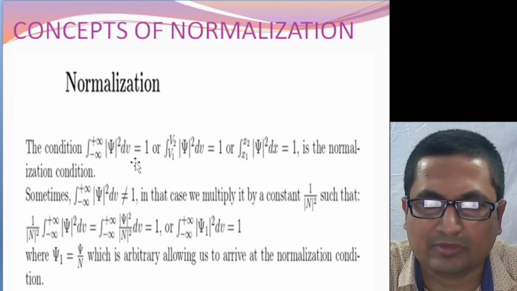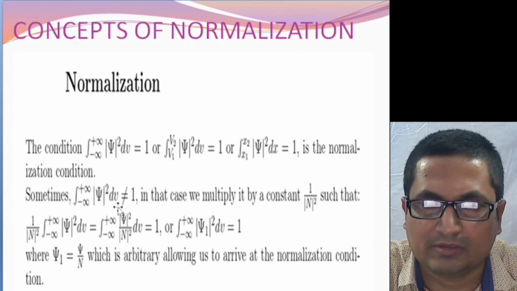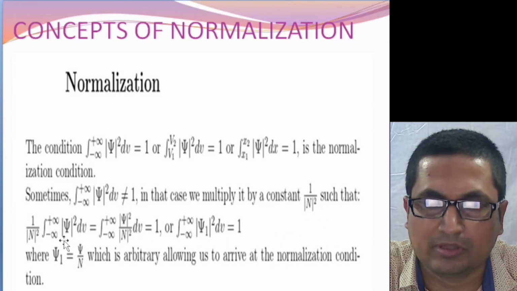Now sometimes this may not be equal to 1, just like this, and in that case we multiply this particular expression by a constant, 1 by modulus n squared, such that this constant compels these conditions to be removed.